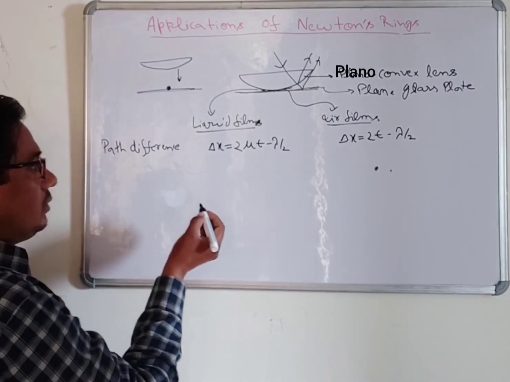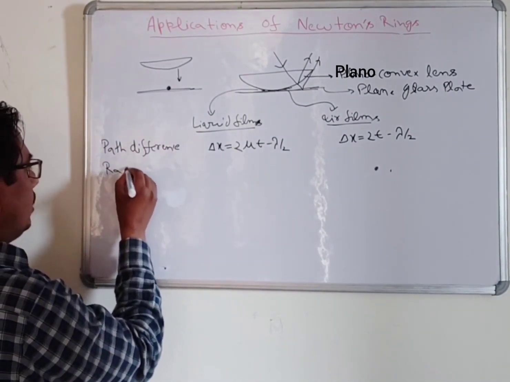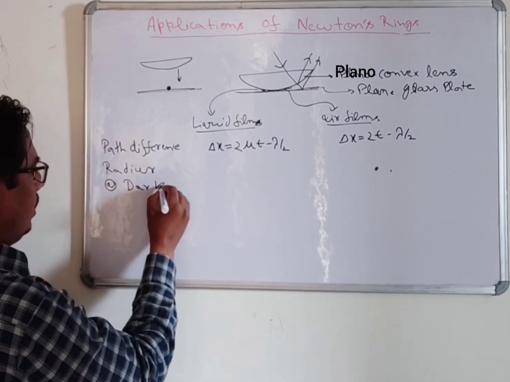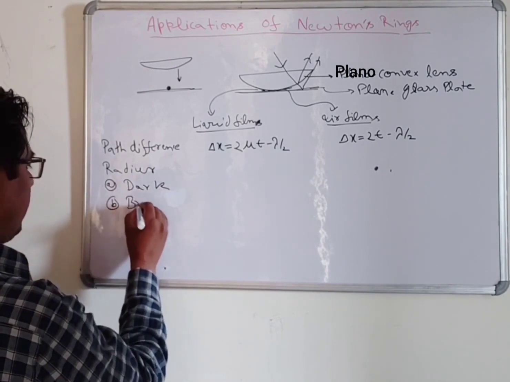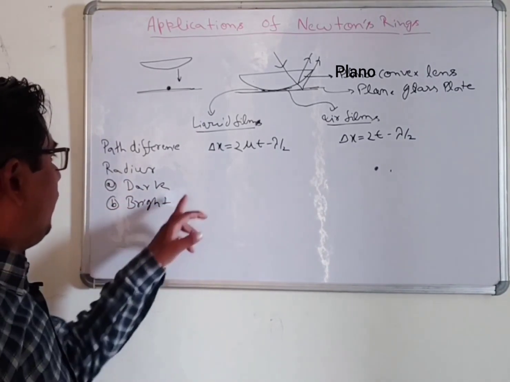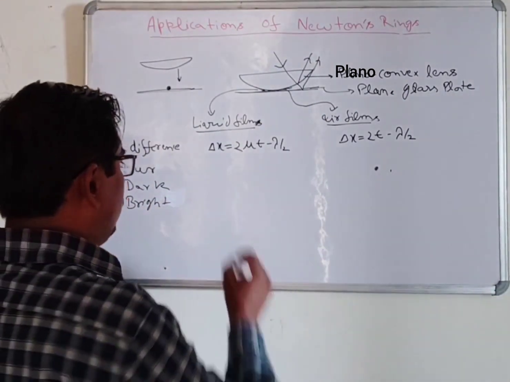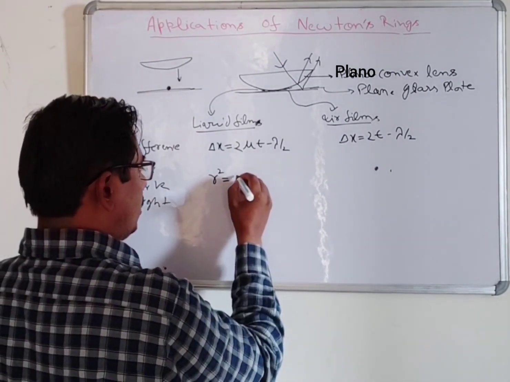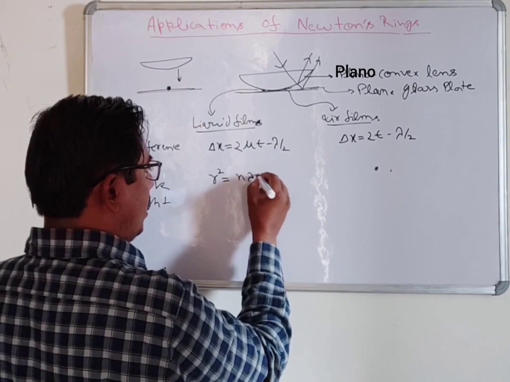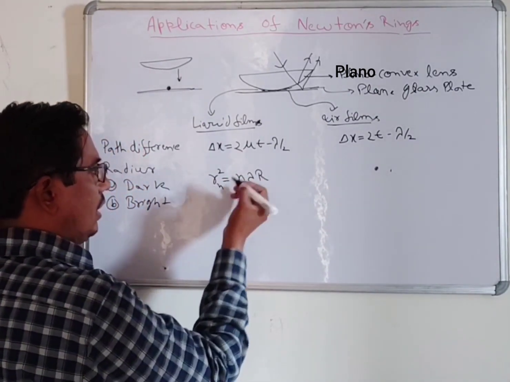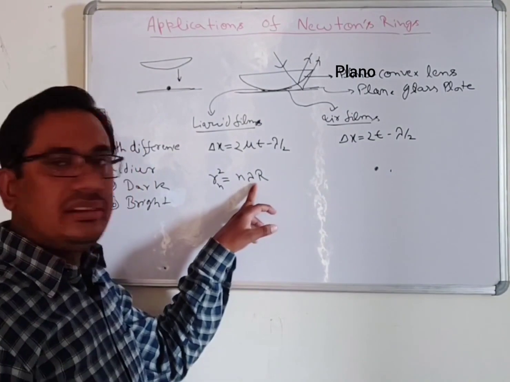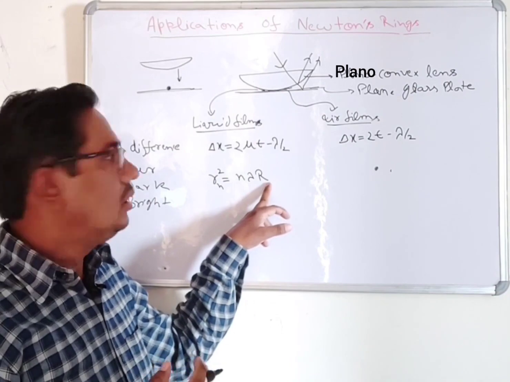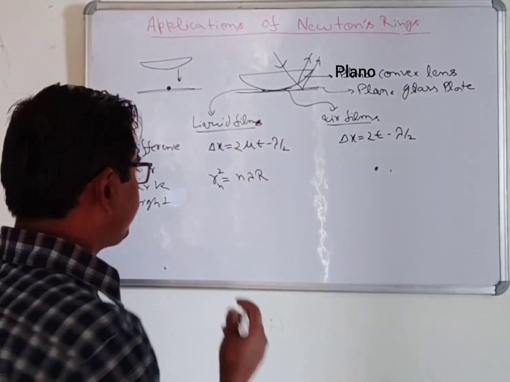Second, what is the radius in case of dark and in case of bright? In case of dark, radius square is equal to n lambda R. Here n is the nth ring, lambda is the wavelength of the source, and R is the radius of curvature of this plano-convex lens.